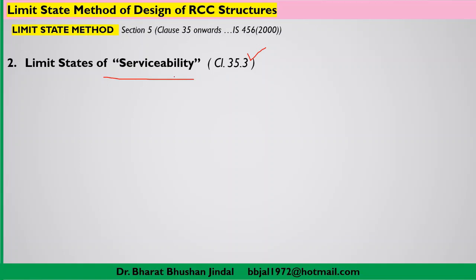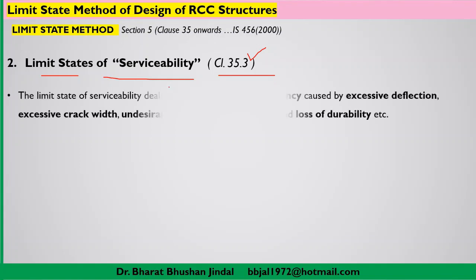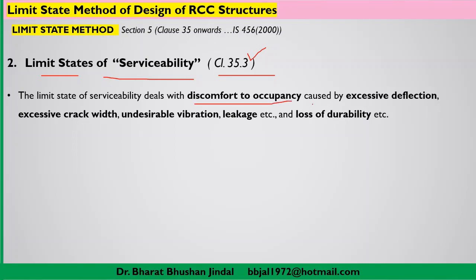It means when your structure is just constructed and ready for occupancy, and when that structure is occupied, what will be the behavior of the structure so that people can occupy it safely. So here we have to understand the limit state of serviceability deals with discomfort to occupancy.